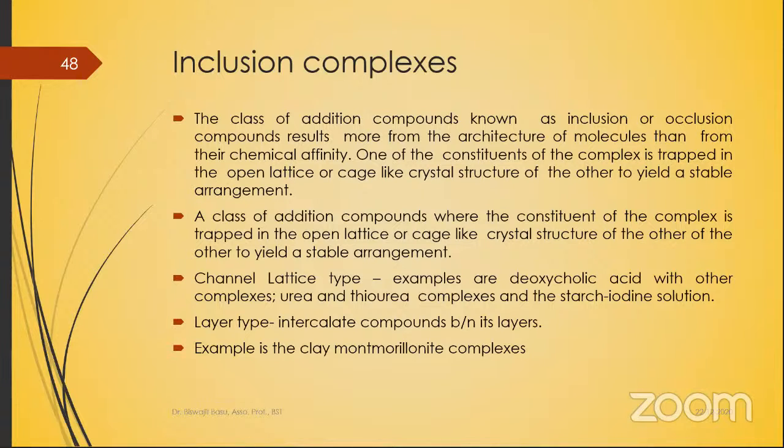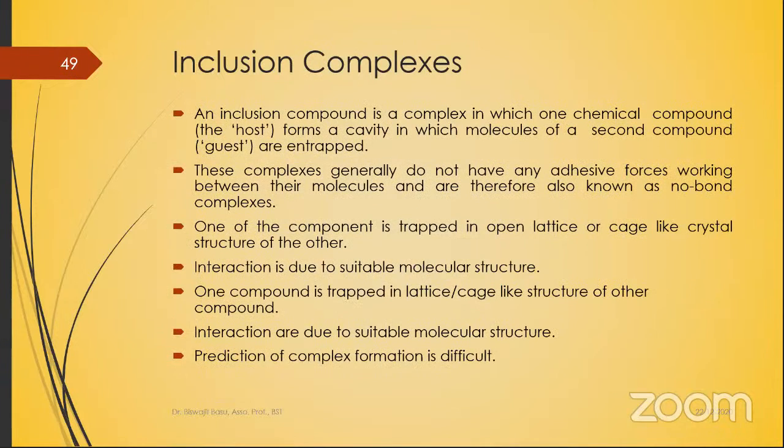Here this starch iodine solution is very well known. We can say that it is also one example of channel type complex, in which iodine molecules are trapped within the spiral of glucose molecules. Starch means glucose.